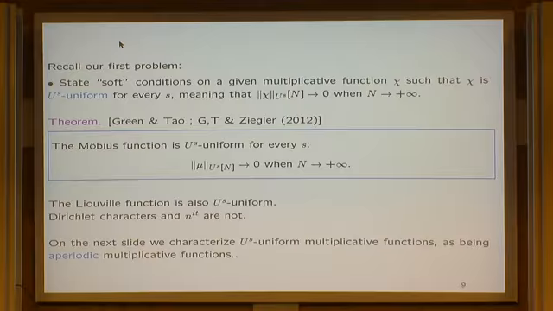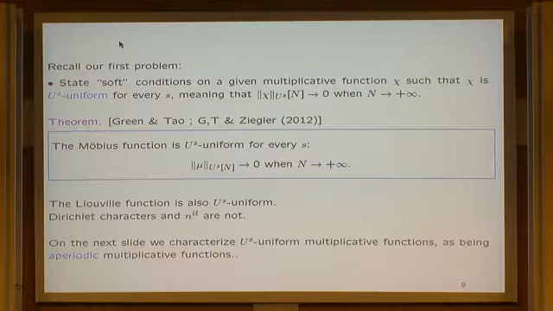There is a result proved in several steps, Green-Tao and then Green-Tao-Ziegler in 12, that the Möbius function satisfies this condition. Some other functions like the Liouville function satisfy this condition, but not the Dirichlet characters and not n to a complex power.